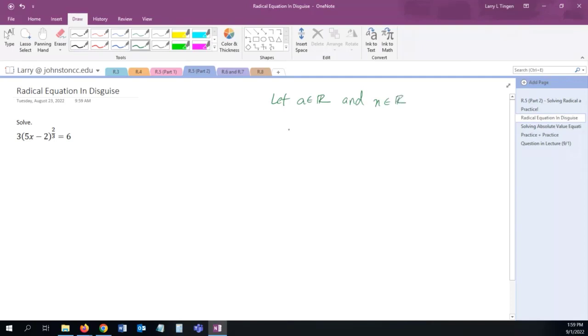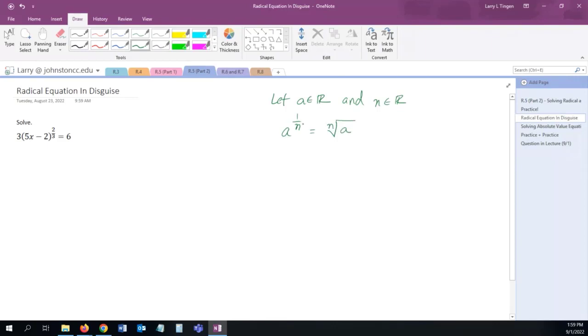If I have A to the 1 over N, that means I have the nth root of A.